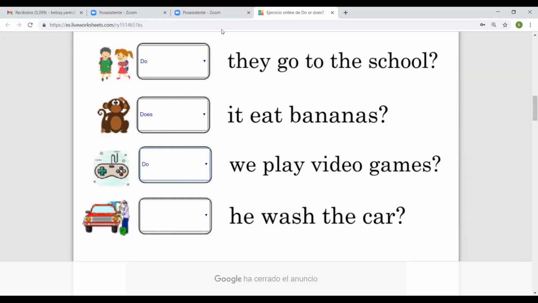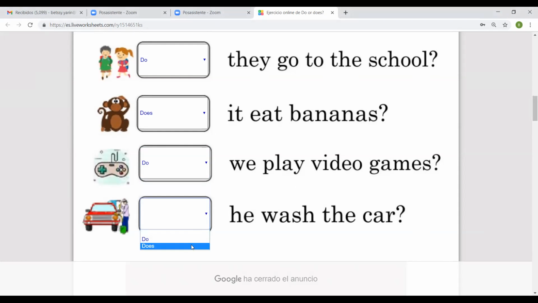We have he watch the car, so is it do or does? Does he watch the car? Excellent, Natalie, very good. Does he watch the car? Okay, very good. So in summary, what do we have? What can you tell me?